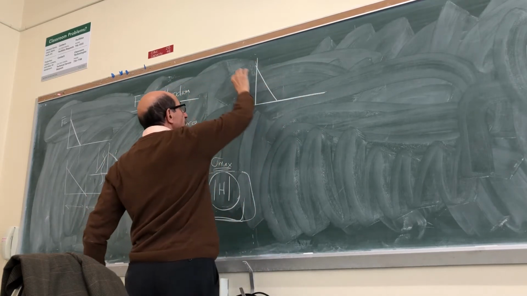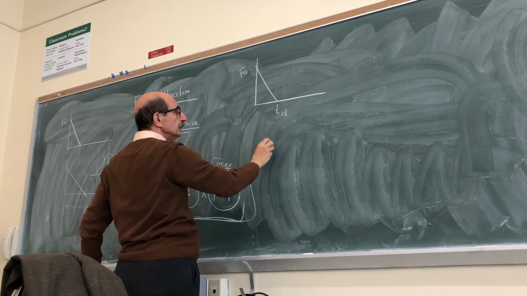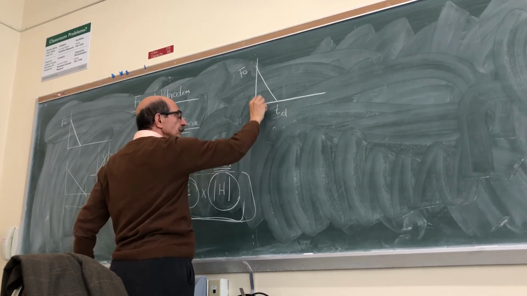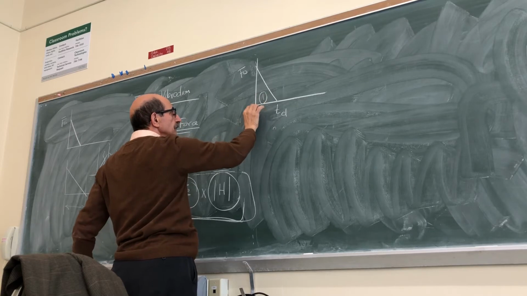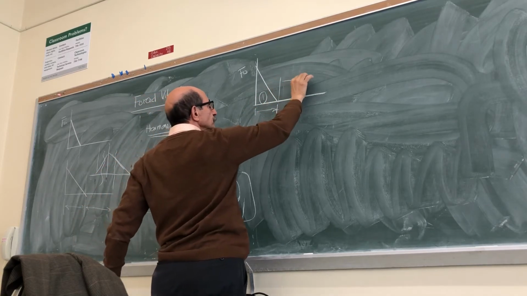For this case, this was t_d, the forcing function. Now if I call this region 1, that means from here all the way to here, and this is region 2.